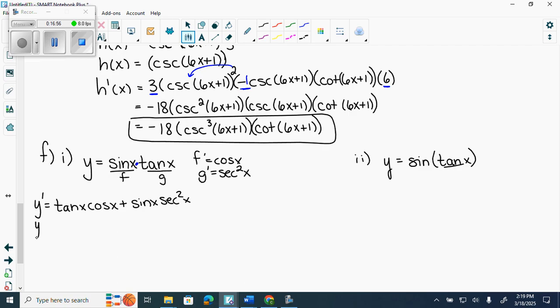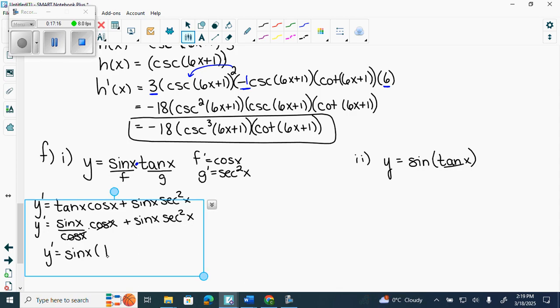They could say tan is sin x over cos x, cross the cos x's off, take a sin x out, and they're left with 1 plus secant squared x.